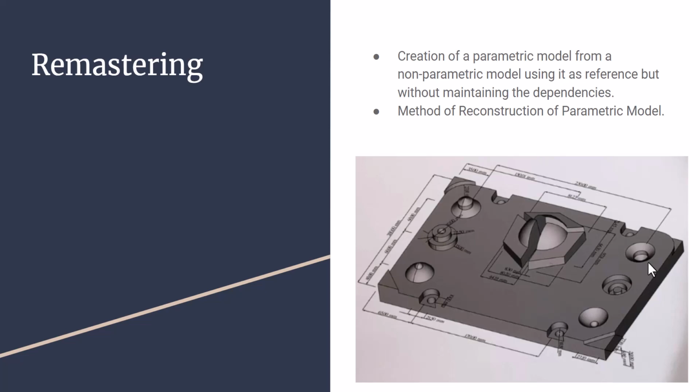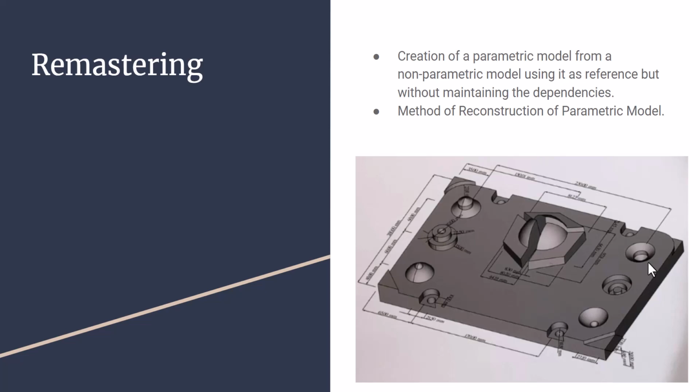We have to create a parametric model from a given non-parametric model using that as a reference, but while maintaining the reference, I don't want to maintain the dependencies on it, which simply means if I delete the non-parametric model, my parametric model should not get affected. It is also known as the method of reconstruction of a parametric model.